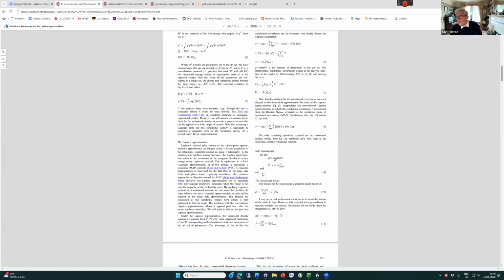It is the mode that you were showing in those lovely graphics, and you're making your life even a little bit easier by assuming that the likelihood and the prior have the same variance. That is a bit of a strong assumption, but I wouldn't worry too much about it.